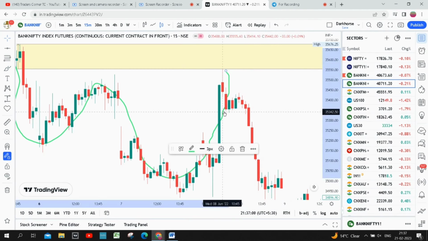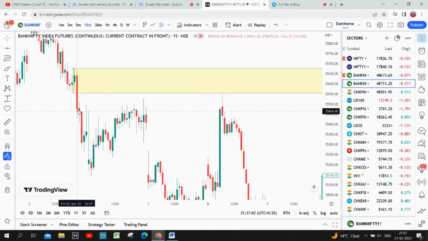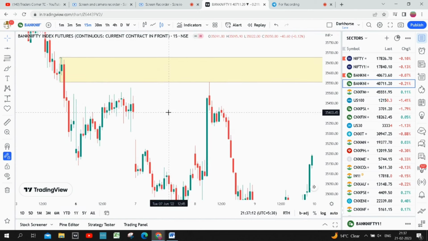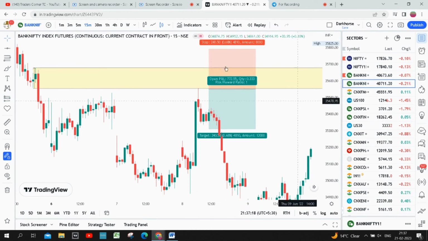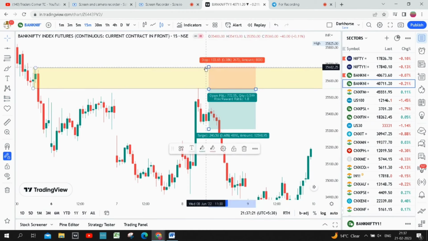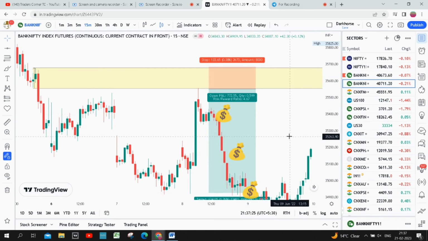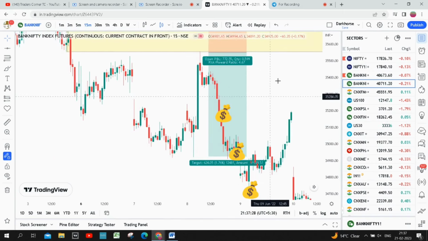So what you're supposed to do: identify a huge selling candle in an uptrend and identify a huge green candle in a downtrend to find out a major reversal point, and see the stop loss ratio once again. So for a risk of 133 points, it gave a reward of 700 points.